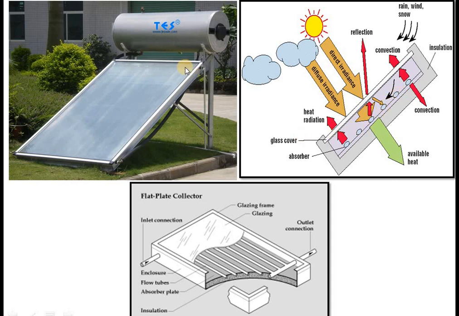You must have seen this kind of device in many places. In the inside diagram you can see how tubes are arranged, how liquid enters and how liquid goes out. It is a very simple structure, and this process goes on in the daytime and the liquid gets heated up.